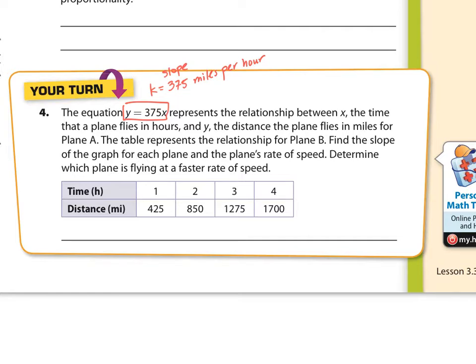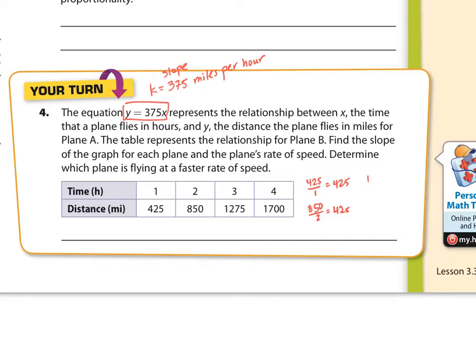For table B, now there's a couple ways I can do this. If I know it's proportional, I can do miles divided by hours. I can do it for each of them. So the first one would be 425, that's miles, divided by hours. I can only do it if I keep getting the same constant ratio. So 850 in 2 hours means if I divide, I also get 425.